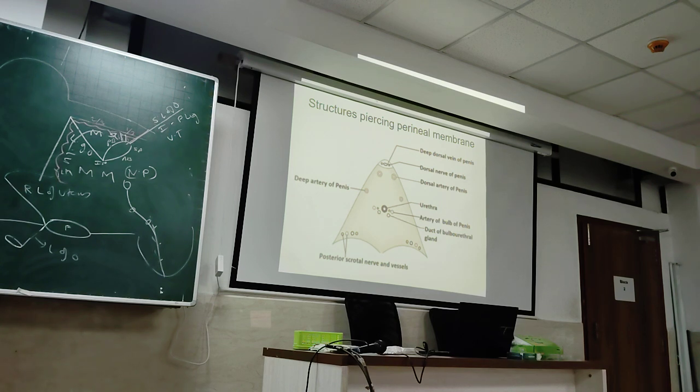Extremely anteriorly, in that gap between the pubic symphysis and the perineal membrane, three structures pass: the deep dorsal vein of the penis or clitoris and the dorsal nerve of the penis. And just behind that is the dorsal artery of the penis.